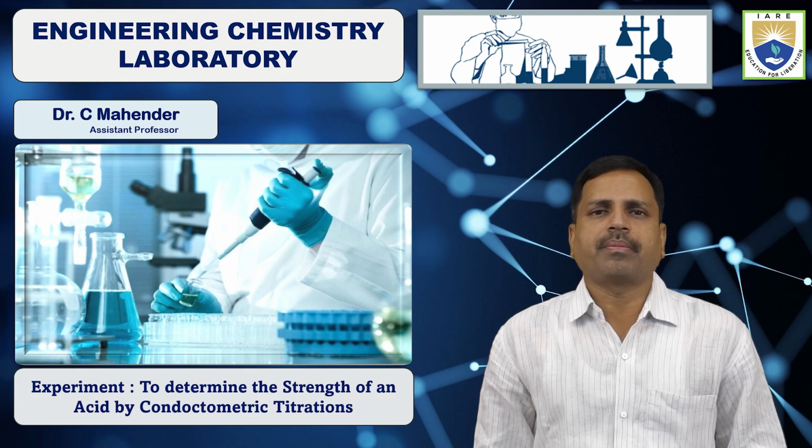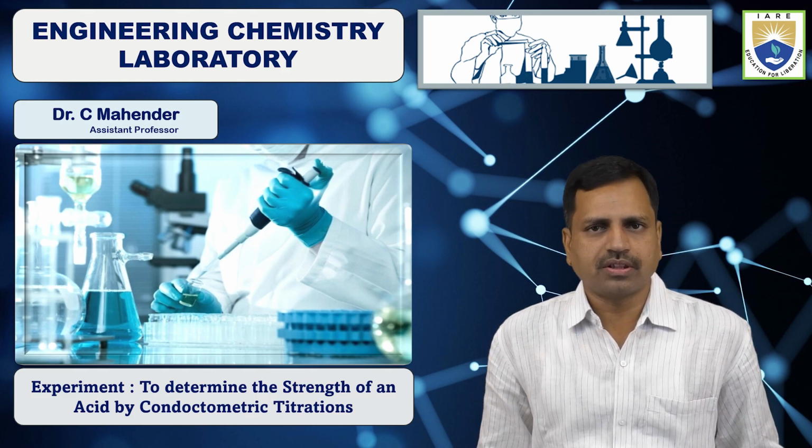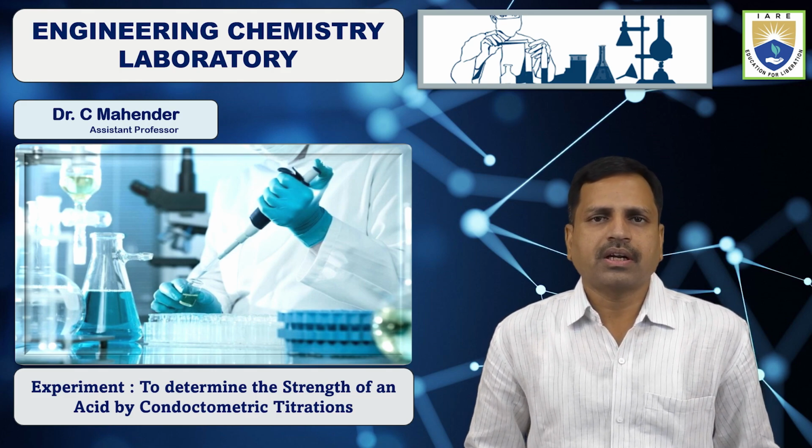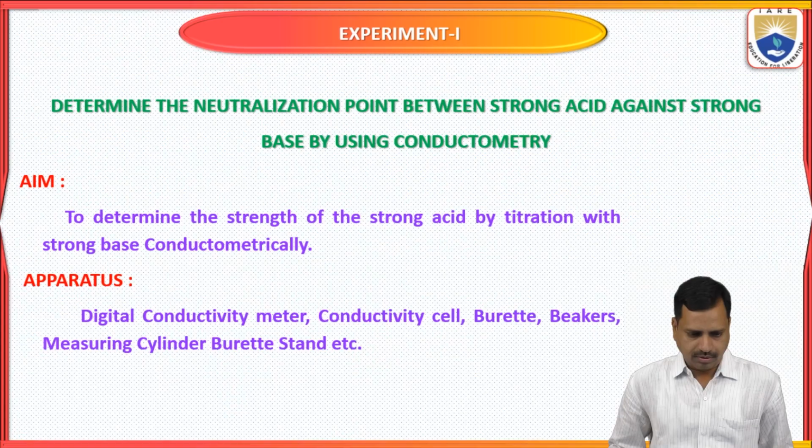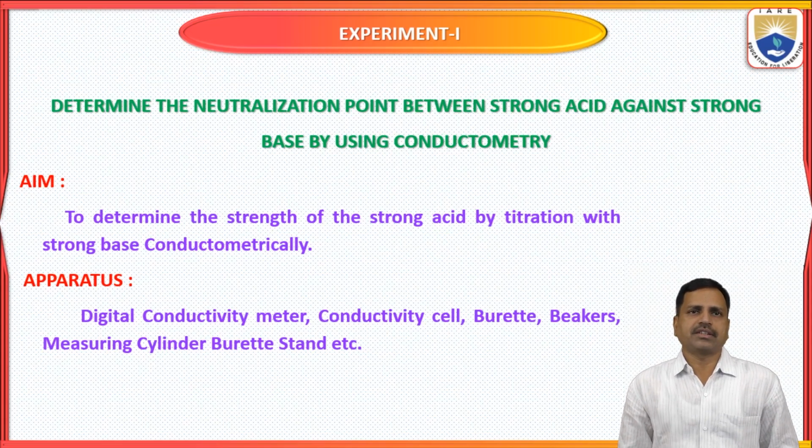The name of the experiment is to determine the strength of an acid by conductometric titrations. This is also called strong acid versus strong base. The aim of the experiment is to determine the strength of an acid by titration with a strong base conductometrically.